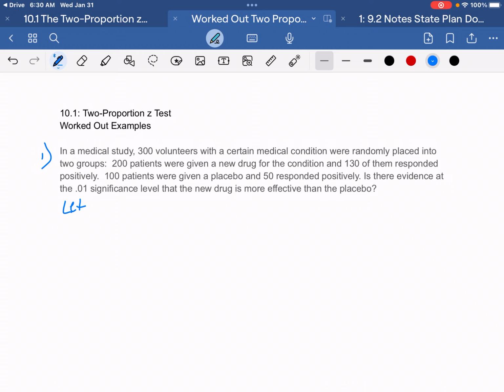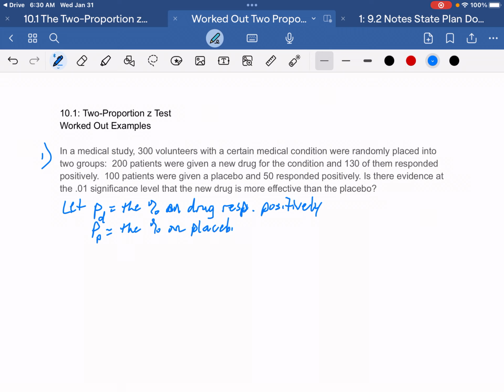Let P subscript drug, D for drug, equal the percent that are on the drug who responded positively, and let P subscript P, P for placebo, equal the percent on placebo who responded positively.